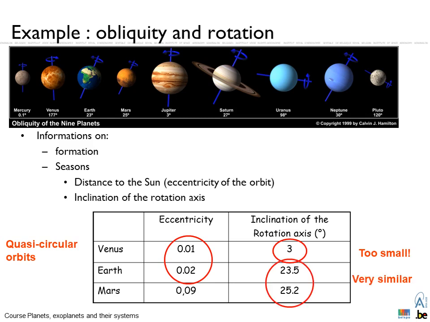Inclinations of the rotation axis are very similar for Mars and Earth, but the seasons on Mars are intensified because of its orbit being more elliptical, meaning that the quantity of solar energy received will be very different at aphelion or perihelion.